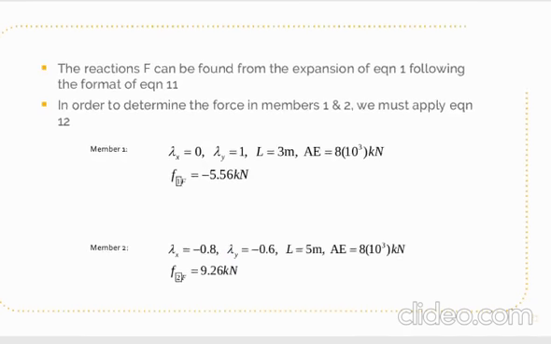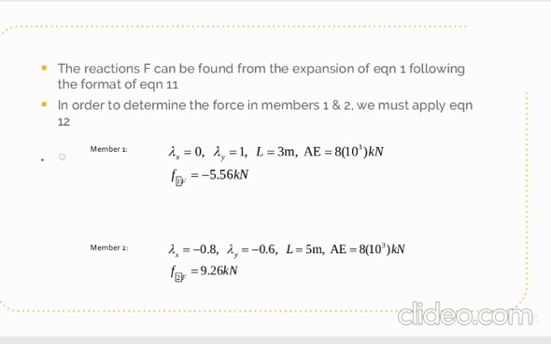Next step is how we can find the internal force for each member. It's the same way as I explained in the previous video. You can go and see. Here, let me try to do it for you for members number 1 and 2.